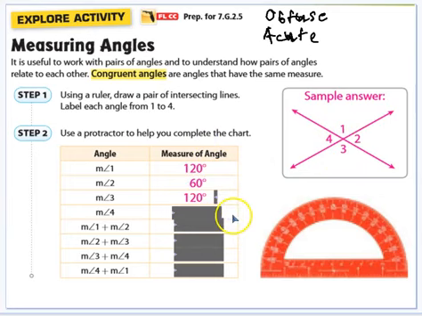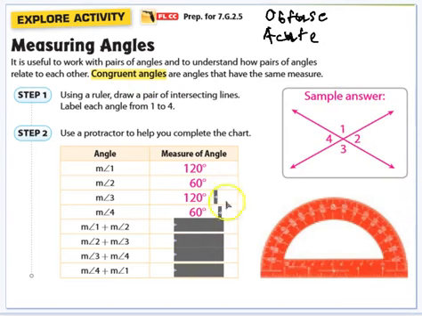It's the same. So just going off that, I can pretty much assume the same thing about 4: 60, same as angle 2. These are congruent angles. 4 and 2, and 1 and 3, are congruent angles. They're pairs of angles that relate to each other.